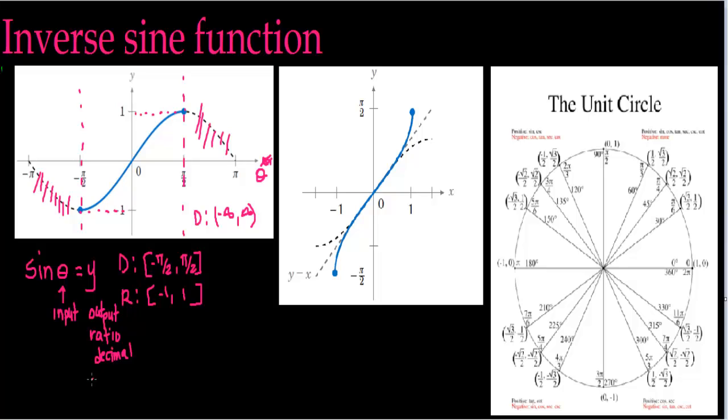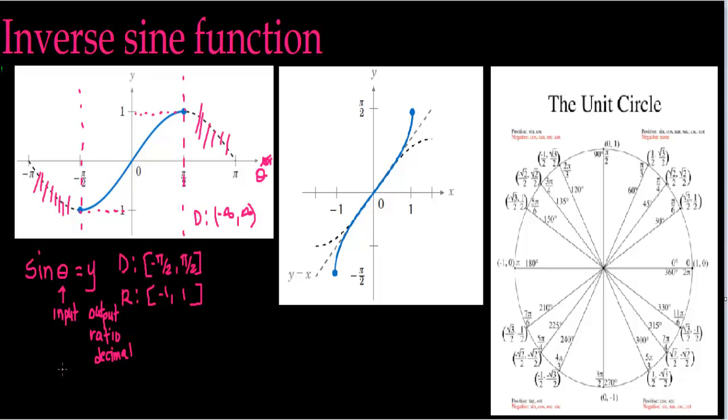When we do values for theta that we know by heart from the unit circle, then y is usually a fraction. When it's values of theta that we don't know memorized from the unit circle, then your calculator will give you an output in decimal form instead of a fraction form.